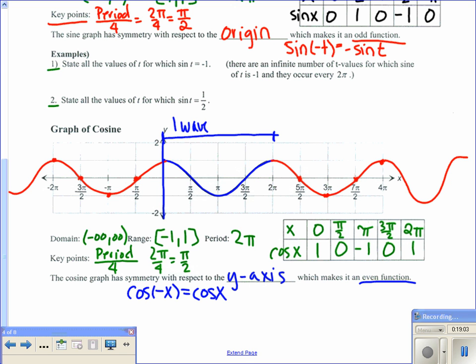And remember, we said if you have x, y in your graph, you should have negative x and then the same y value. So we have, in this case, pi and negative 1. So I should have negative pi, negative 1, which would be right here. So negative pi, negative 1. So that's what shows me that it's an even function.